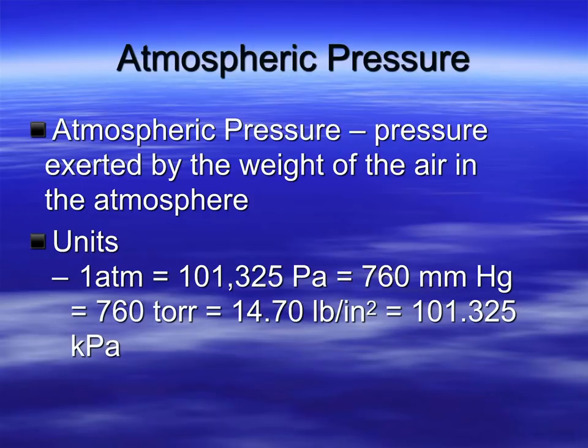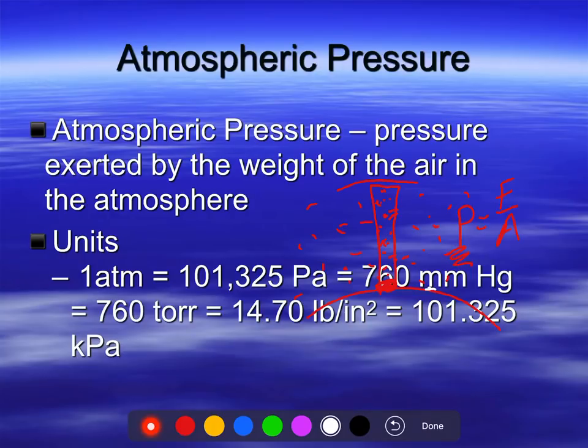So that means that 1 ATM equals 101,325 pascals, or 1 ATM equals 760 millimeters of mercury, or 1 ATM equals 760 torr, or 1 ATM equals 14.7 pounds per inch squared.